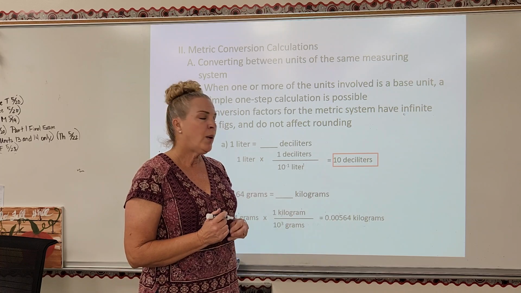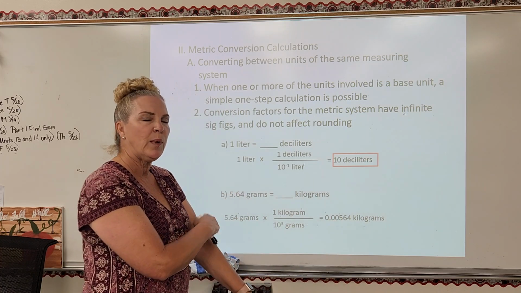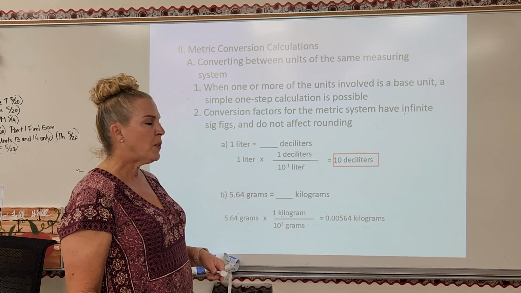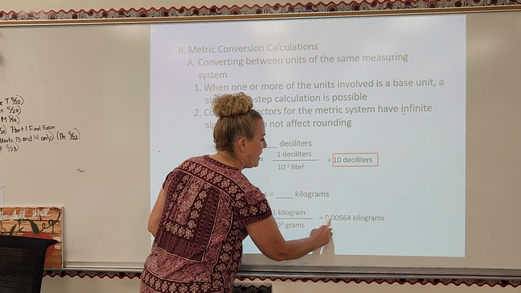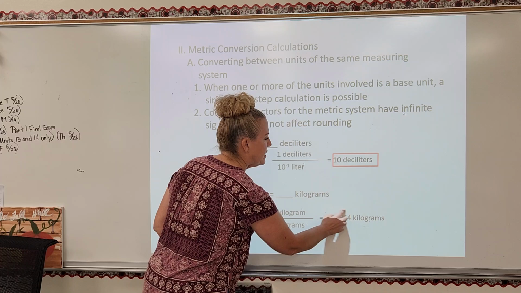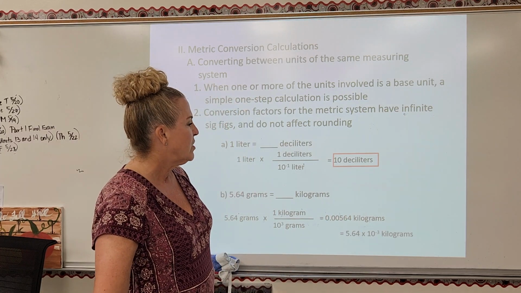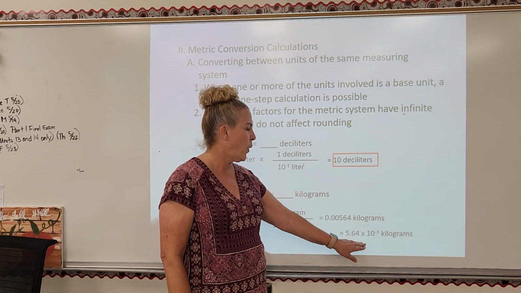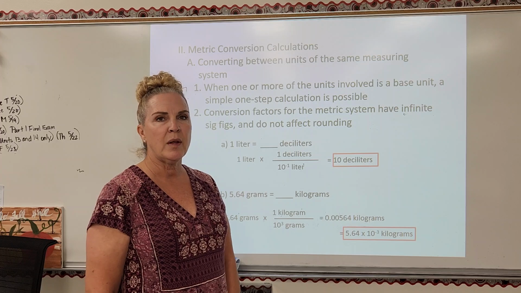When we get this answer, because this number is less than 0.1, we do have to put it in scientific notation, which means we need to move the decimal point 1, 2, 3. This number is less than 1, so that means it's going to be a negative exponent. So when we put it into scientific notation, it is 5.64 times 10 to the minus 3 kilograms, and we then box that out.